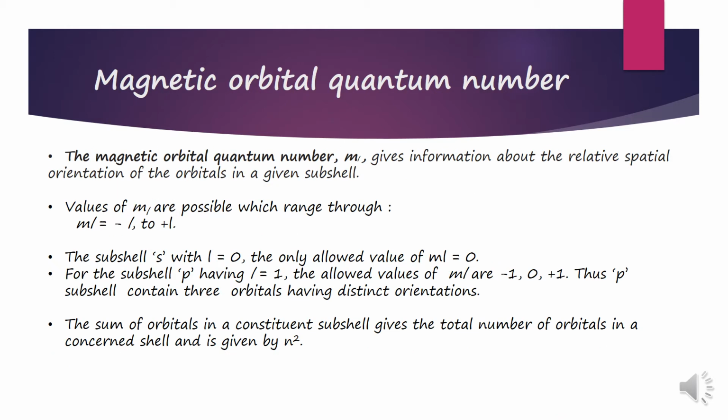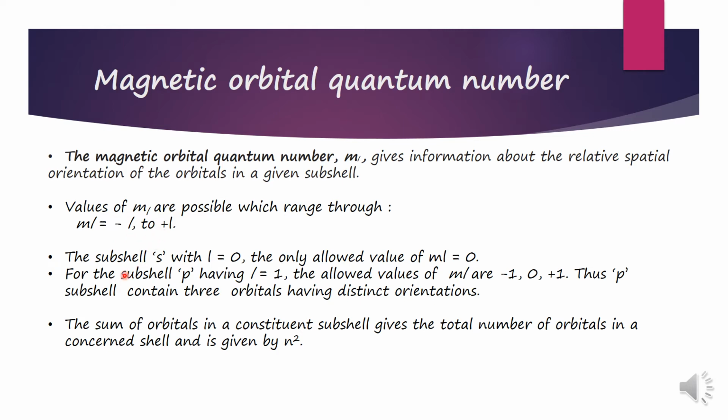Now the next, the magnetic orbital quantum number. It is represented by ml. It gives us information about the relative spatial orientation of the orbitals in a given subshell. Values of ml range from minus l to plus l.